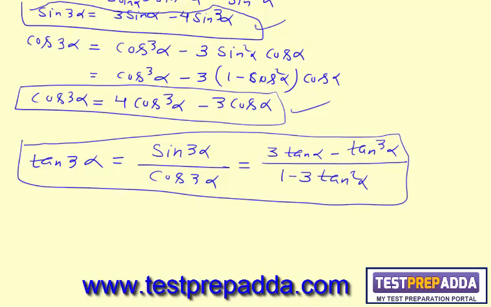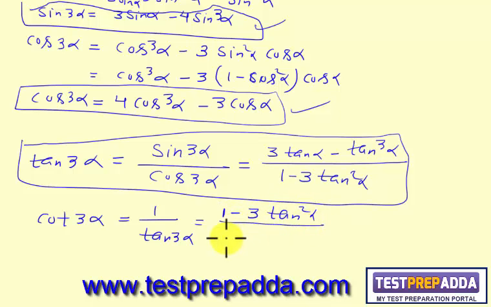Got it? Now here if I try to find cot 3 alpha. Cot 3 alpha will be what? 1 upon tan 3 alpha. So I can write this as 1 minus 3 tan square alpha upon 3 tan alpha minus tan cube alpha.